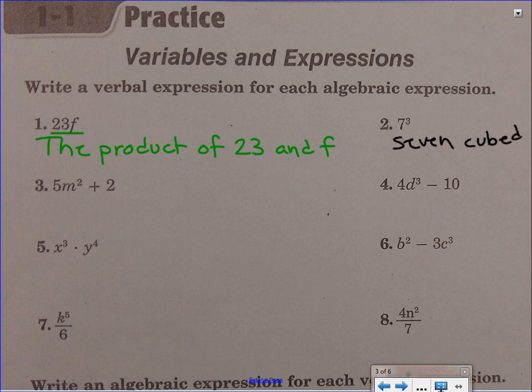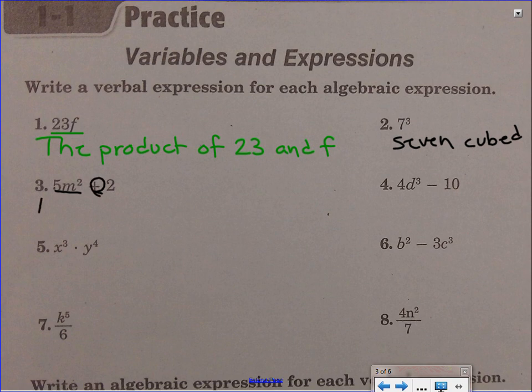Number 3, we have a couple of things going on. We have 5 and m squared being multiplied, and then we're adding that on to 2. So I think I'm going to call this one the product of 5 and m squared increased by 2, because I'm going to treat this as an increased by.